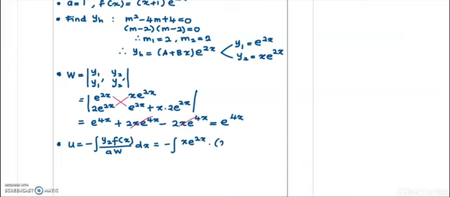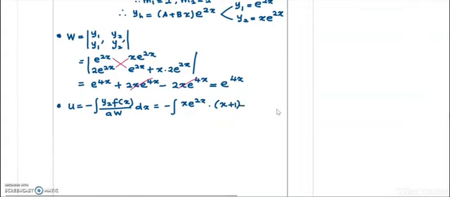Look back at your f(x), which is (x + 1)e^(2x). Over a, which is 1, and W, which is e^(4x), and we need to have the dx here. Now try to simplify. This exponent multiplied with this exponent gives you e^(4x), which can be cancelled out with the e^(4x) at the bottom.